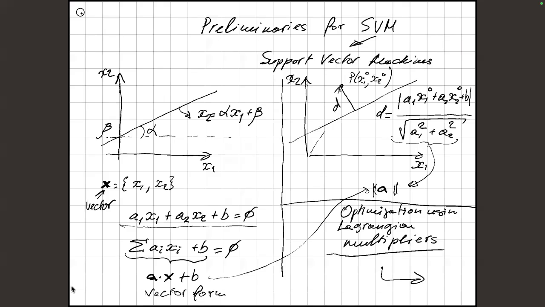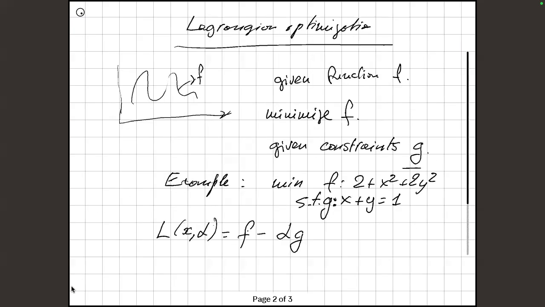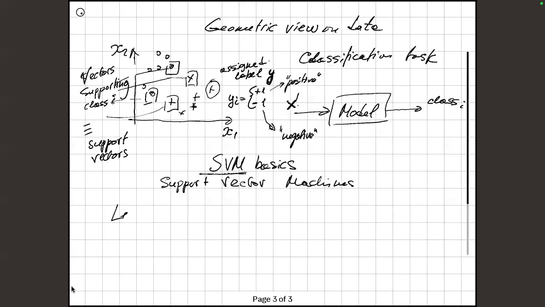The axes are okay, but I want to rename these coefficients as W's. So what was it?